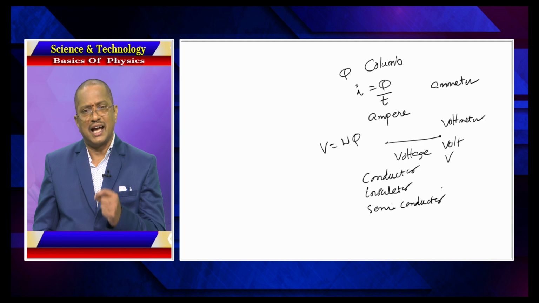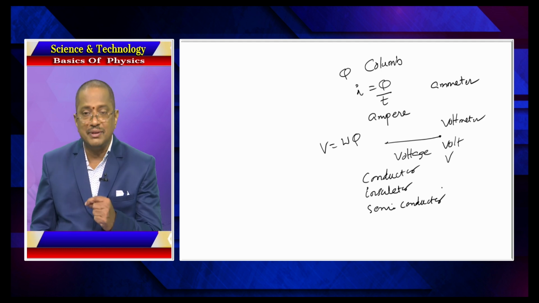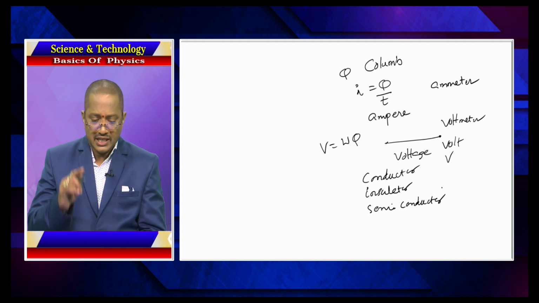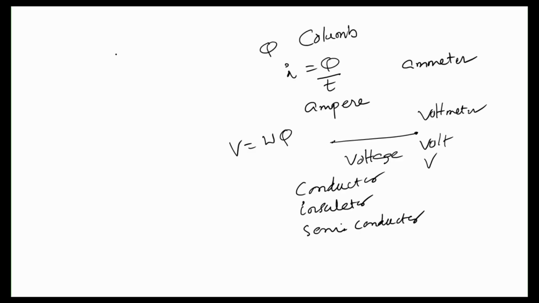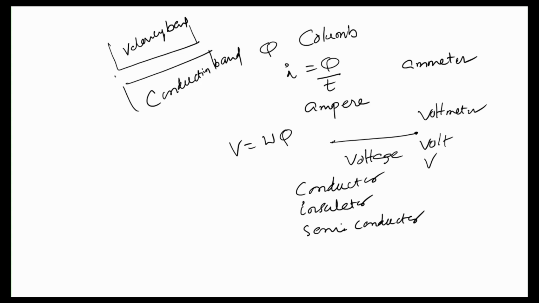What is the reason behind it? For every substance, in the atom we have two kinds of bands: one is called the valence band, the second one is the conduction band. Between the valence band and the conduction band there is some energy gap.